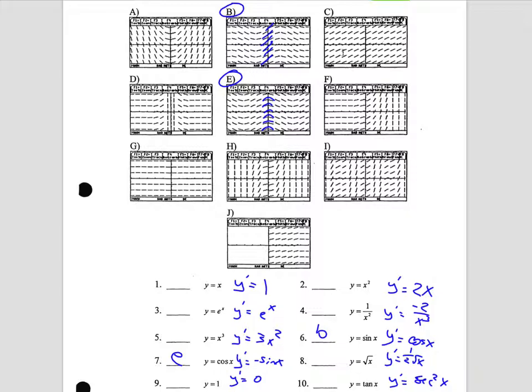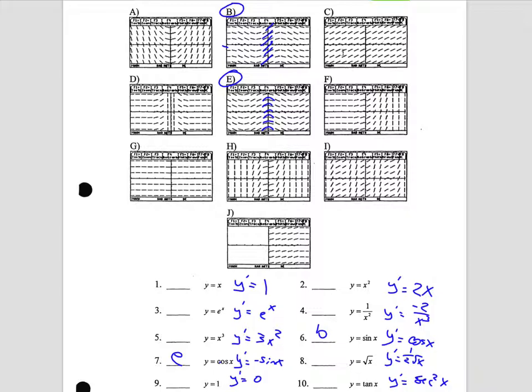The differential equation or the actual function? The actual function. It's going to resemble the actual function. So E looks like a cosine, so it's got to match up with cosine. B looks like sine, so it's got to match up with sine. And that's the case where the derivative isn't necessary.